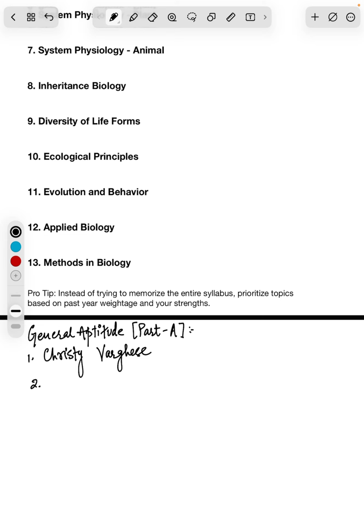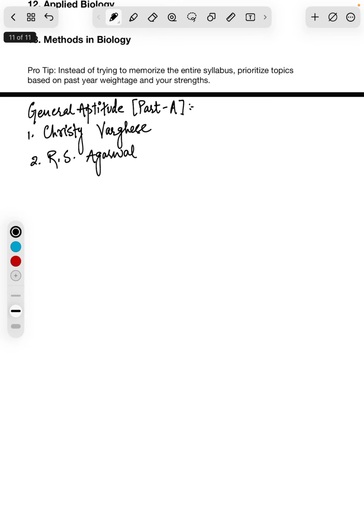You can go through R.S. Agrawal also. Then for life sciences Part B and C.